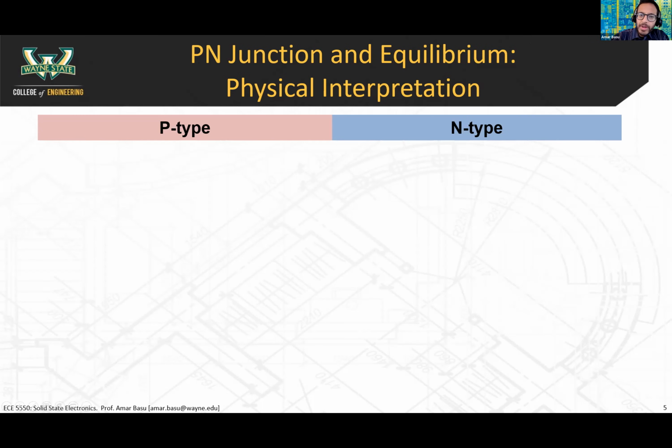Excellent. Great. So let me write that down here. There's a high electron concentration in the n-type material, so electrons are going to diffuse this way. And there's a high concentration of holes in the p-type material, so the holes are going to diffuse this way.